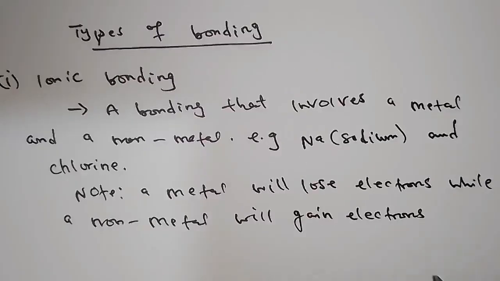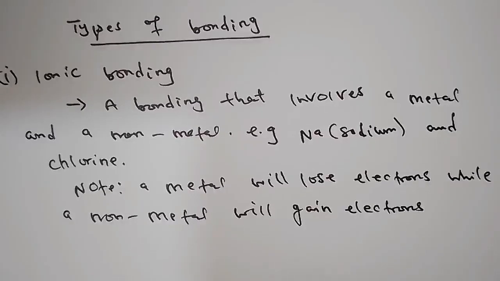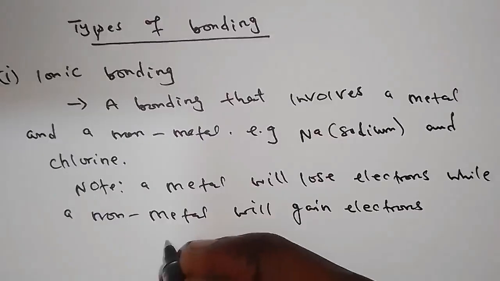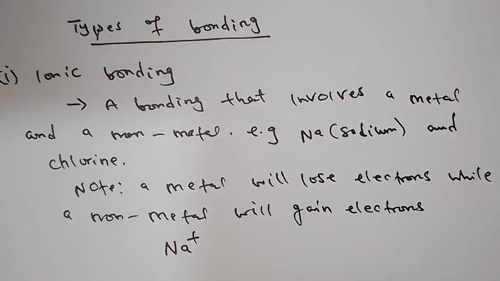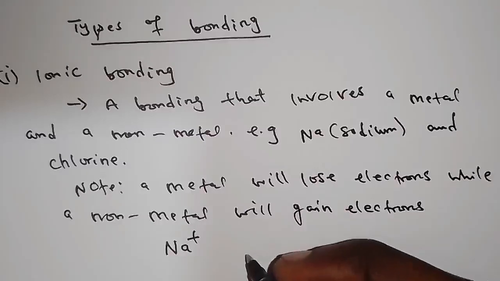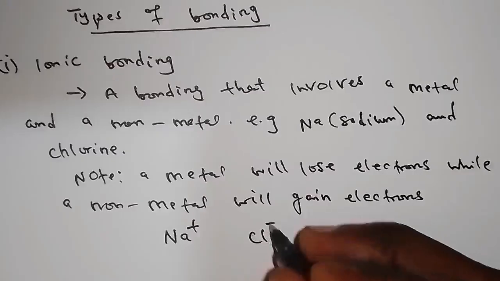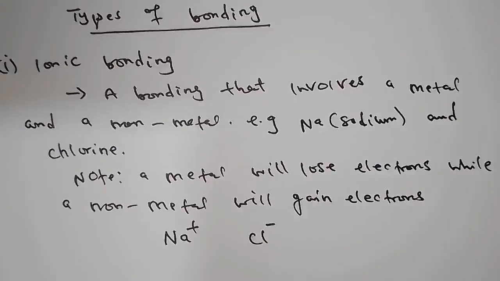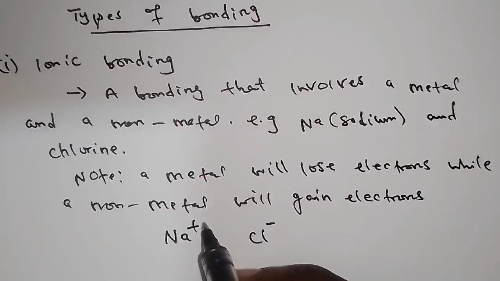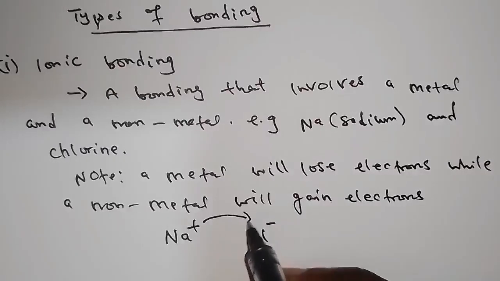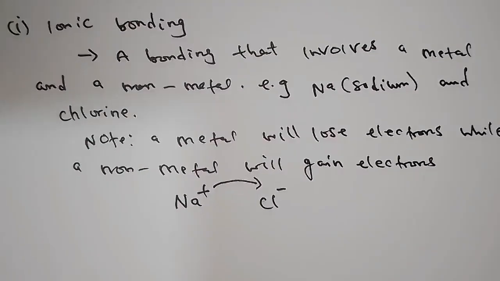Okay, and in this case, you have to take note that since sodium is in group 1, for example, we write something like this. If it is just in group 1 and chlorine is in group 7, you just write like that. Okay, so meaning this sodium is going to transfer one electron to this chlorine. Okay, so we shall dive into the details of that.